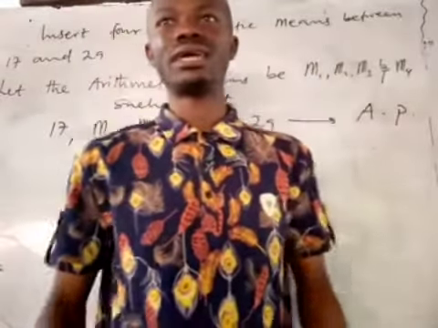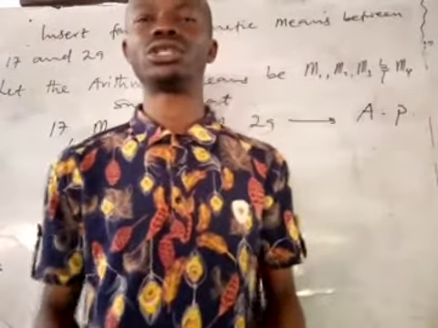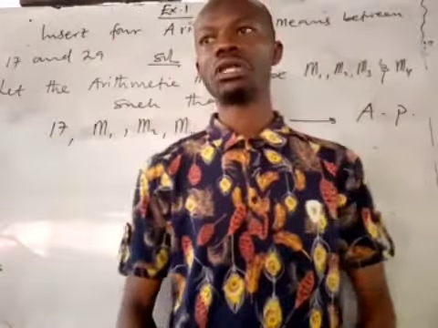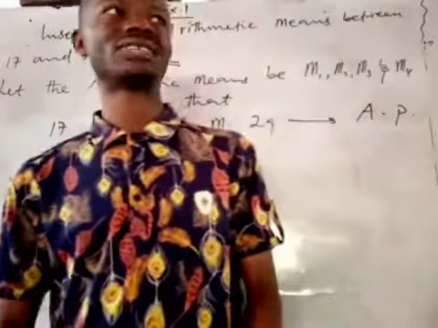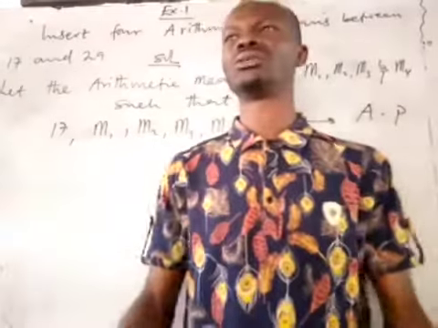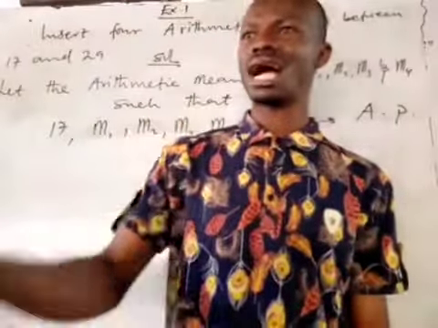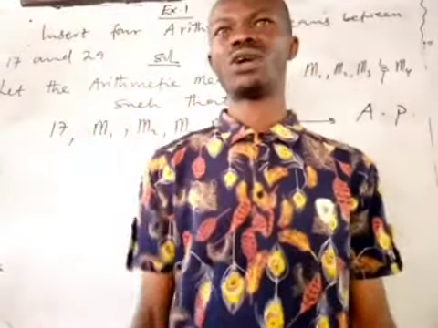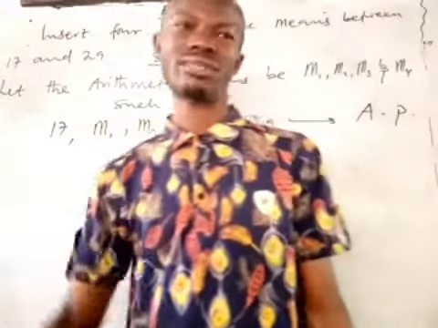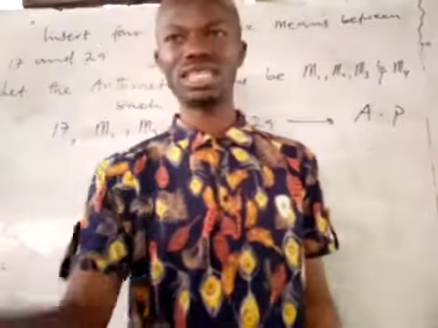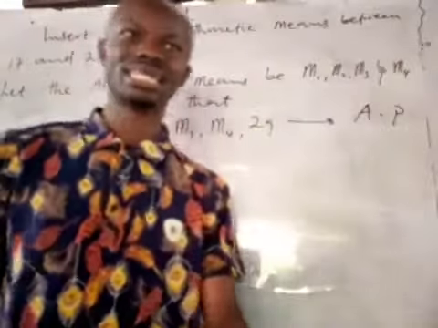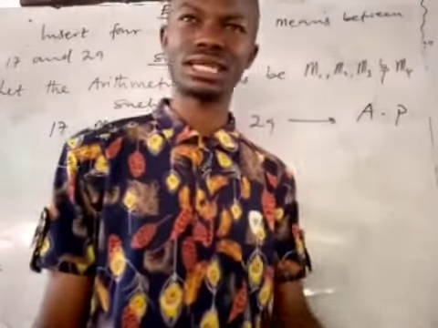How can I form a sequence in arithmetic progression using 2 and 4? Very simple. You simply insert the mean of 2 and 4 in between 2 and 4. When you do that, the sequence you have formed is an arithmetic progression. That was what we looked at in the previous exercise, or the previous video we had.